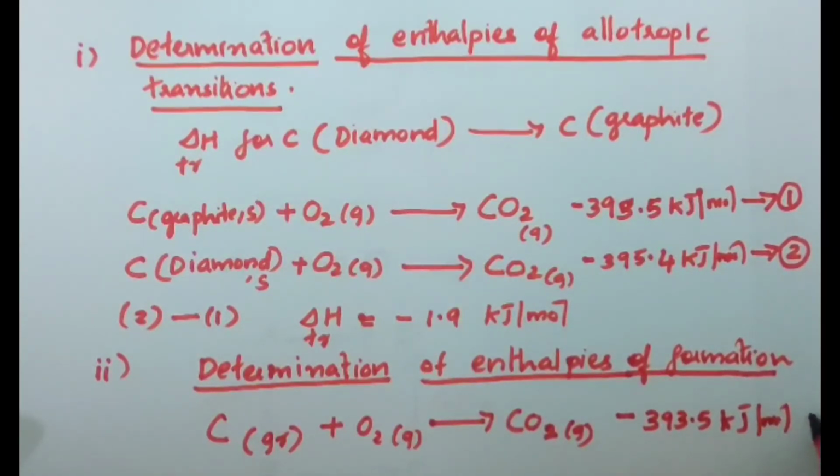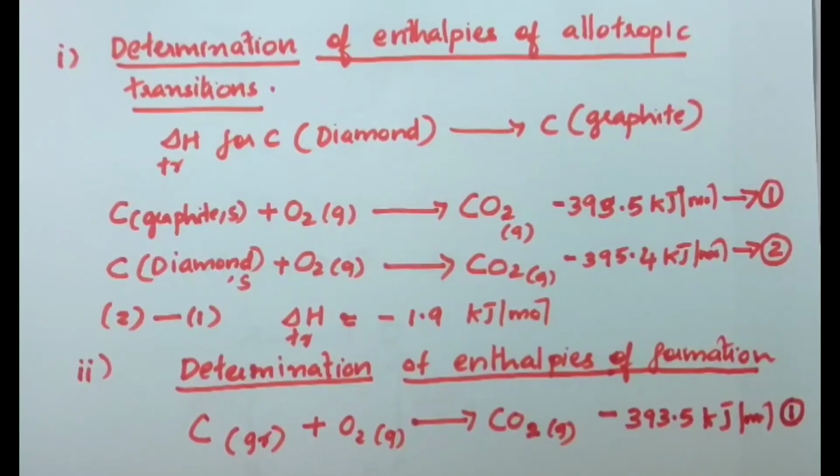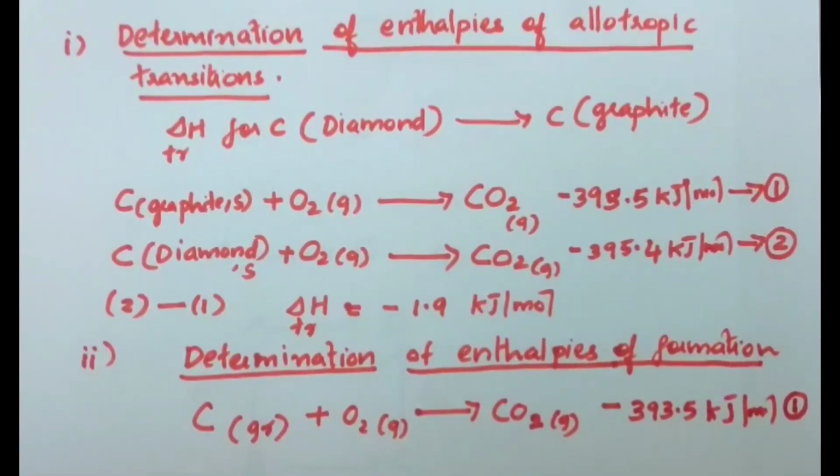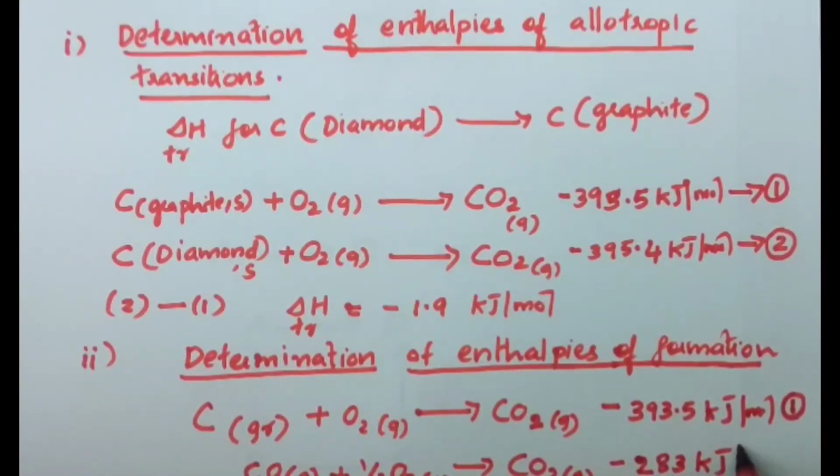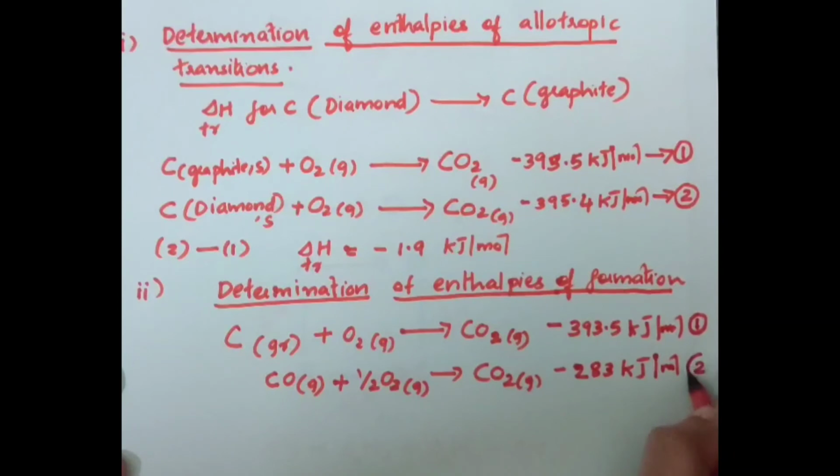You can write this as equation number 1. Then carbon monoxide plus half O2 gas gives carbon dioxide, and the enthalpy change for this reaction is negative 283 kilojoule per mole. You can write this as equation number 2.